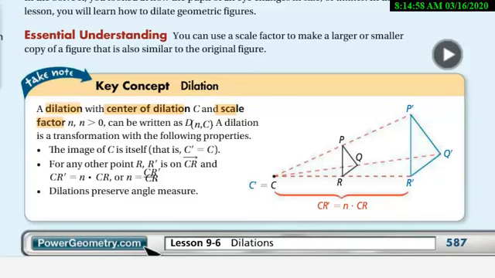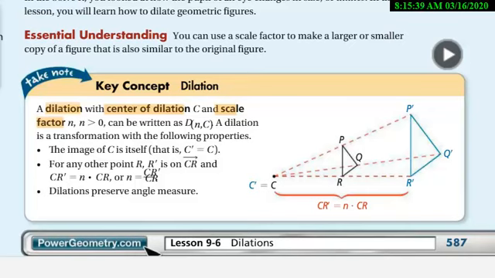So each point, P, Q, and R, has been moved to position P prime, Q prime, R prime with respect to the point C. In general, the mathematical formula for dilation can be written in the form in front of your eyes: D parentheses n and C. n stands for the scale factor, C stands for the center of dilation. So dilation in general means a transformation that requires a center of dilation and a scale factor.